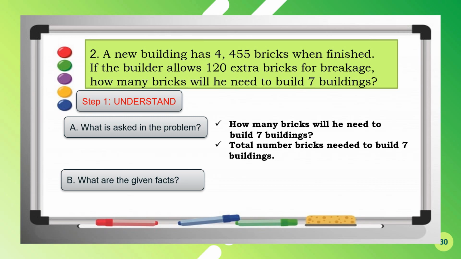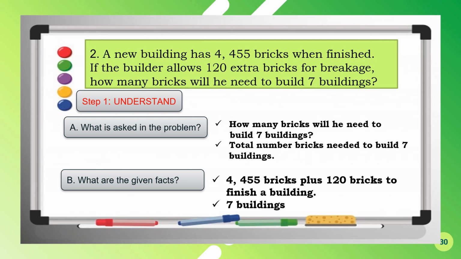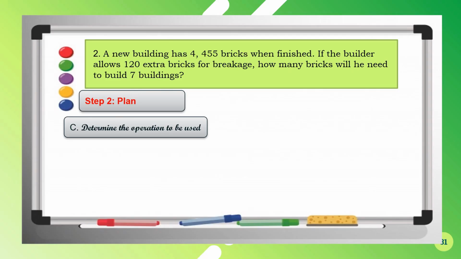Next are the given facts or the important numbers to solve the problem. We have 4,455 bricks plus 120 bricks to finish a building, and we will construct 7 buildings. Step 2, we have to determine the operation to be used. The operation we will use is addition and multiplication.